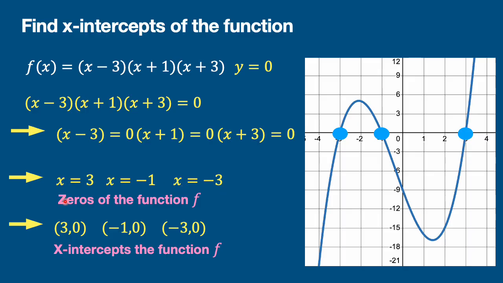That's named the zeros of the function. How about this? x minus 3, x plus 1, x plus 3. We say these are the factors of the function f. So they look very similar, but each one has a different name for a polynomial function.